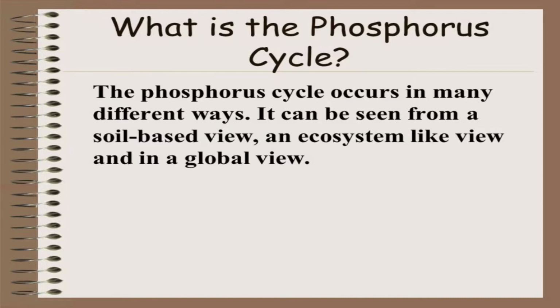Not all phosphorus present in the soils and rocks takes part in the cycle. Rather, only 10% is involved in the cyclic pathway because phosphorus is relatively insoluble in water.